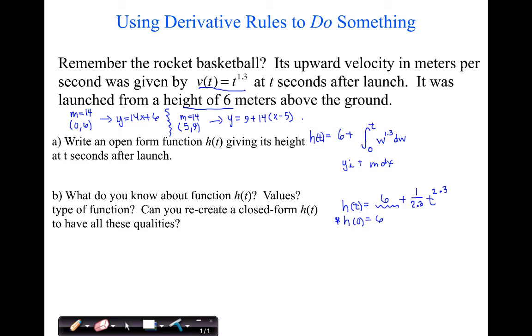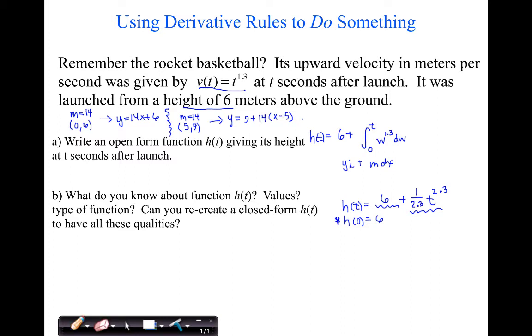So you don't have to do it this way. We can think about this instead, y initial plus the integral of m dx. So as long as you can come up with any function that has this as its rate of change, if you know how to express the accumulation, you're set to go.